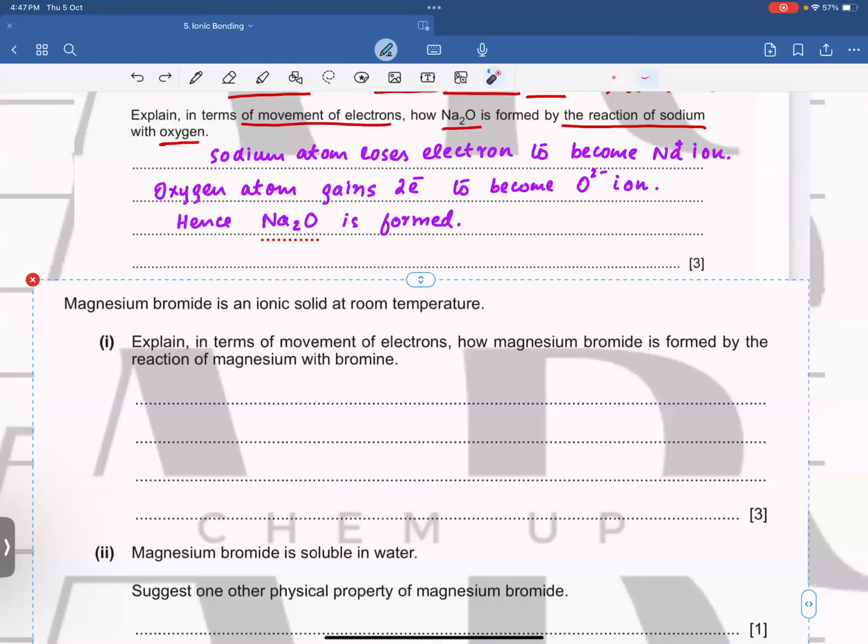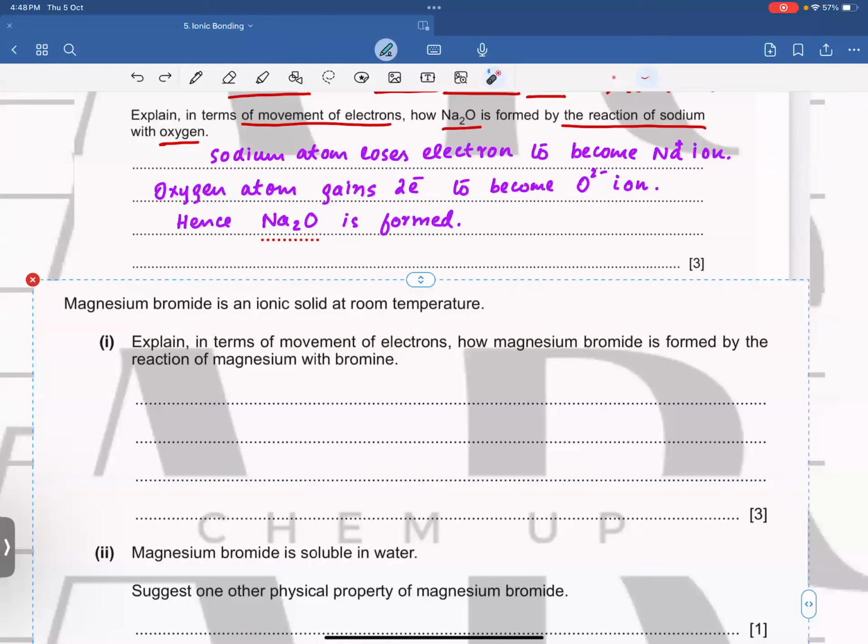Who is going to tell me the answer? Very good. Because it's in group 2 and it has 2 electrons in its valence shell, magnesium is going to lose 2 electrons from its valence shell to form the magnesium ion.